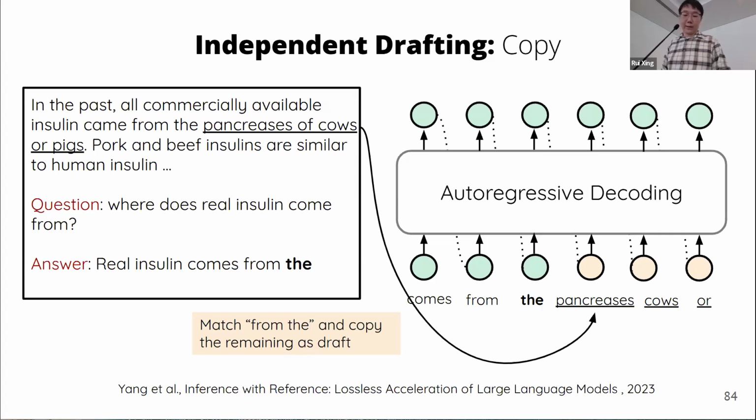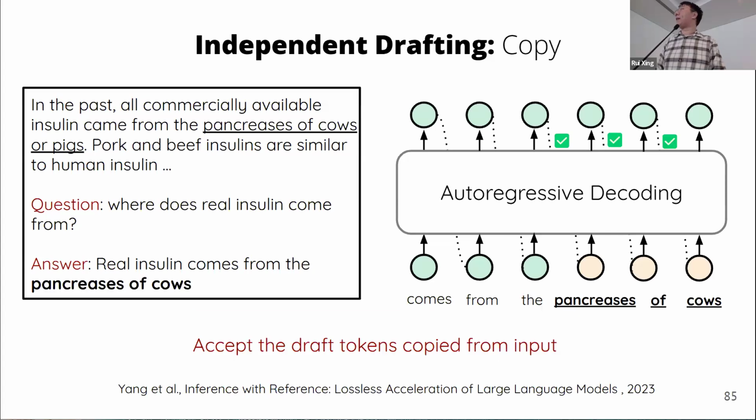And we feed this draft into the autoregressive decoding model as verifier, because it works in parallel, it can verify these draft tokens in parallel. And we accept all of these tokens and it accelerates the decoding. So if we accept the draft tokens copied from the input, then it directly decodes "pancreases of cows" here in one step.